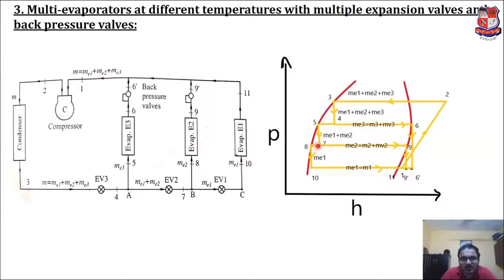And then we are having 8 to 10 as the expansion of Me1 that is happening in EV1, and 10 to 11 is evaporation process.